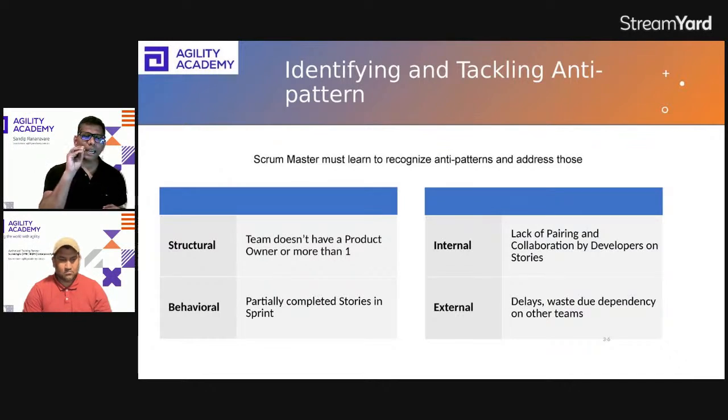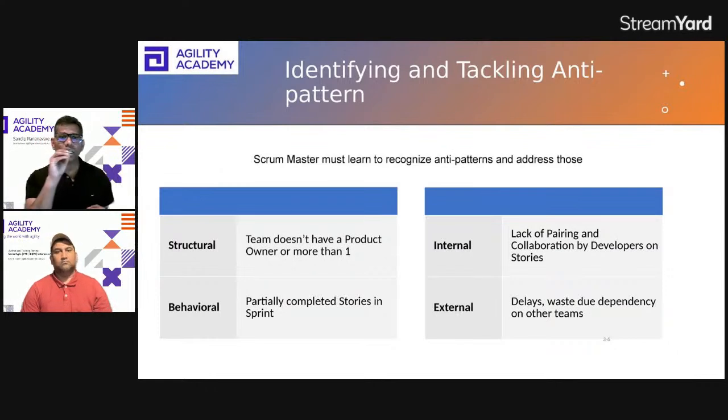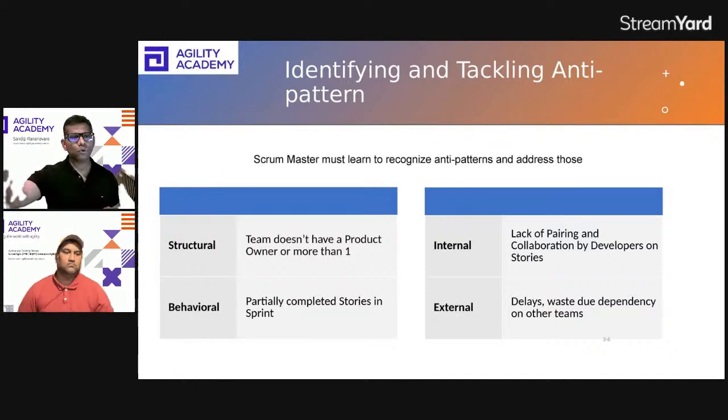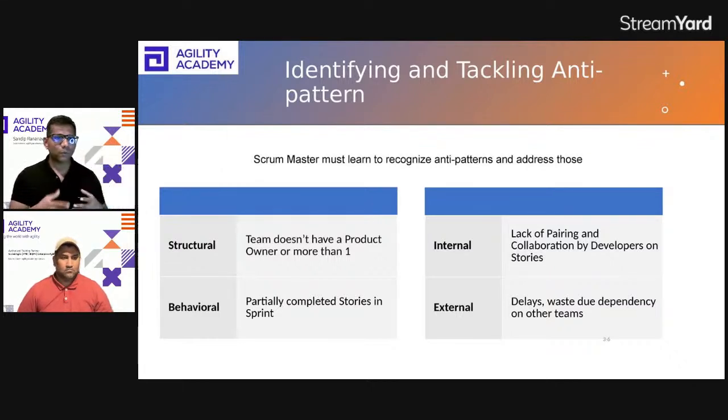So in this particular SAFe Advanced Scrum Master program, we provide you some strategy to deal with these specific problems, and how by addressing these problems, anti-patterns, you can help the team move to the next level. I'll tell you that many times as a Scrum Master, you will be dealing with situations for which there are no ready-made answers in any book. That's why it's important to have someone like Warren, myself, or another Agility Academy expert who can act as a mentor.